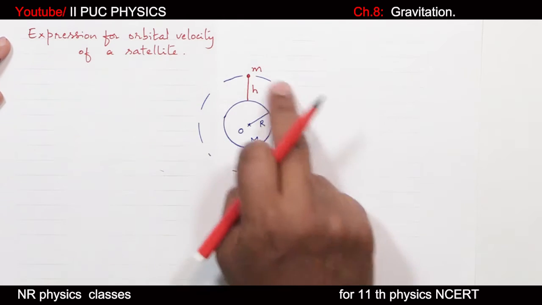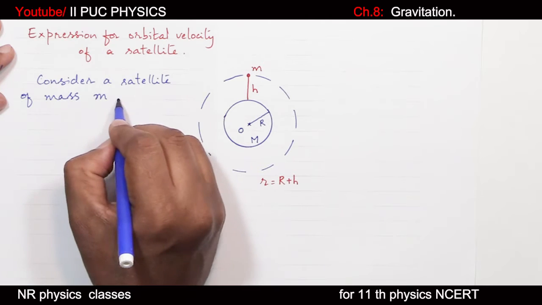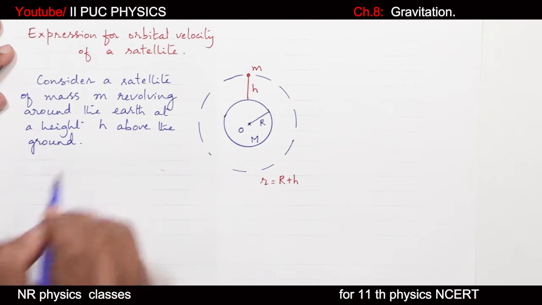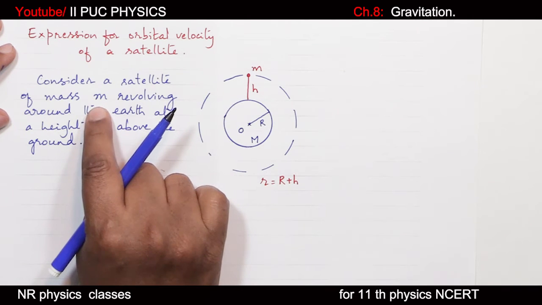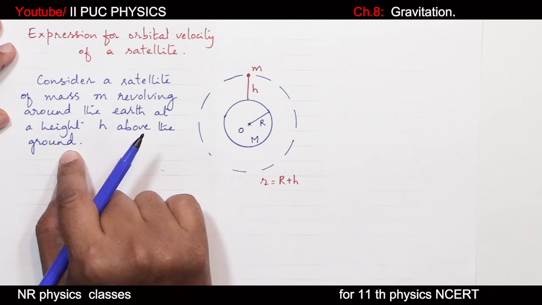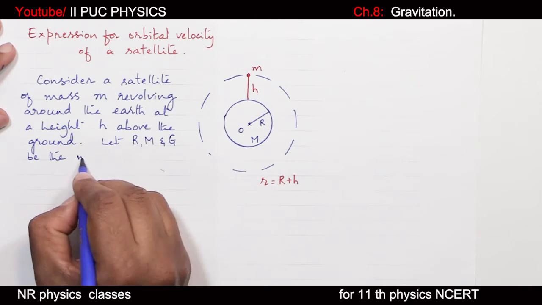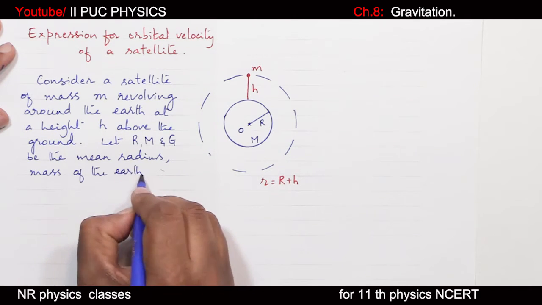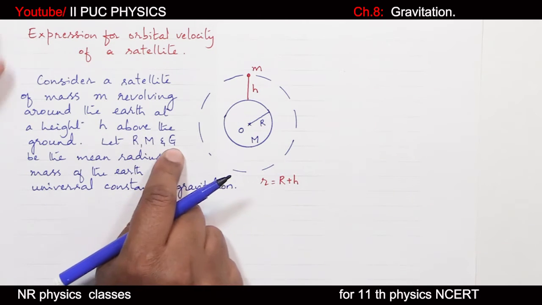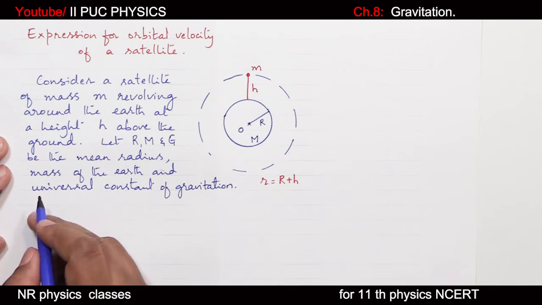So let me write statements for all this. Consider a satellite of mass m revolving around the Earth at a height h above the ground. R, M and G be the mean radius, mass of the Earth and universal constant of gravitation respectively.